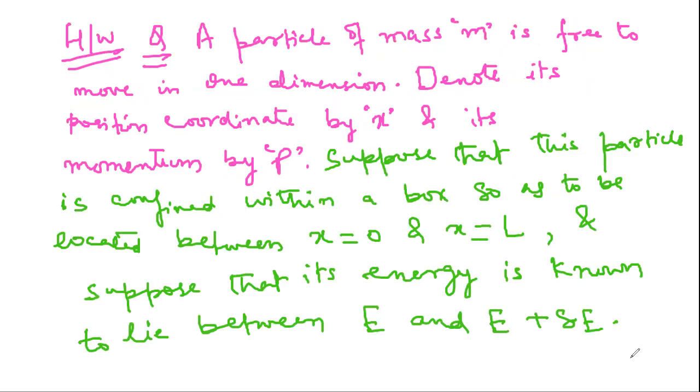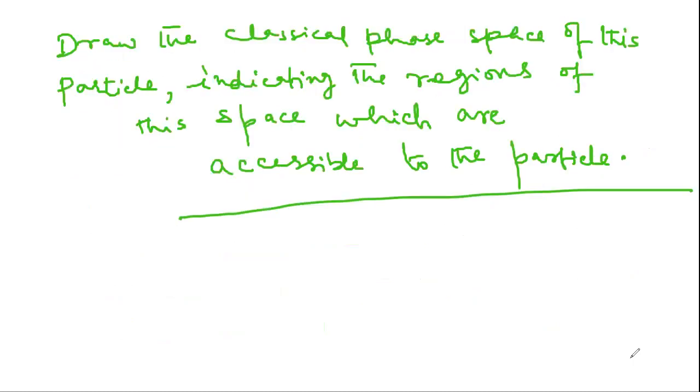Suppose that this particle is confined within a box so as to be located between x equal to 0 and x equal to L. And suppose that its energy is known to lie between E and E plus delta E. Then draw the classical phase space of this particle, indicating the regions of this space which are accessible to the particle. So do this at home.